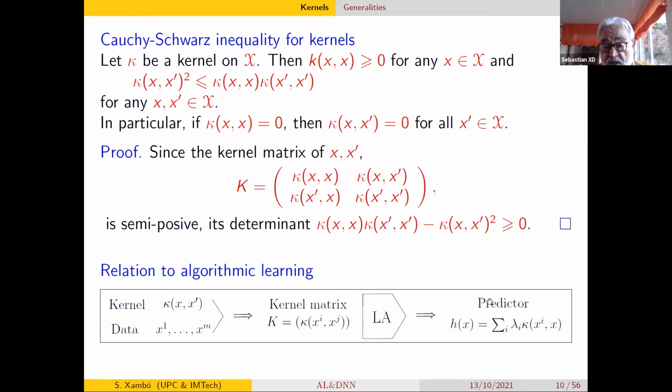Now, the predictor that the kernel theory gives is that the function a of x is a linear combination, for some lambdas, of these partial functions. So for the data x_i, you consider the function of x, kappa of x_i, x.